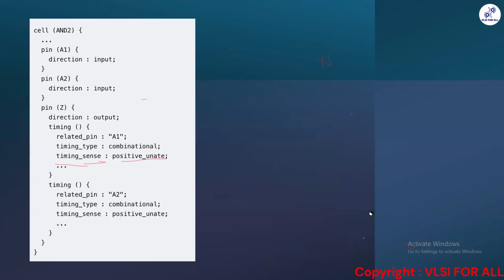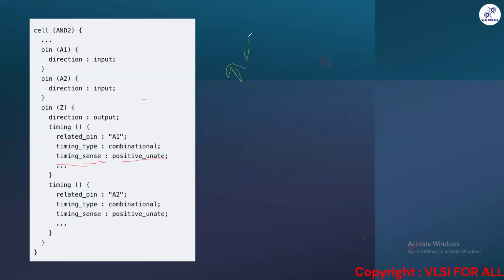Even if you take a buffer, it's a very simple case. There are no two pins, I'm keeping one pin. If your input is rising, your output is also rising or no change. Let's eliminate the case of no change. If your input is falling, your output is also going to fall.